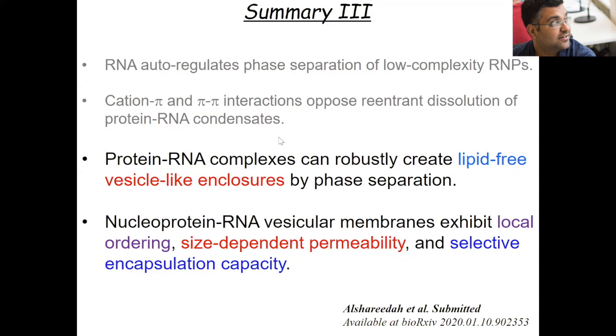There's a question from Charlotte. If you add FUS to RNA instead of adding RNA to FUS, do you think you would form the same type of hollow structure, or is there something special about the interaction between FUS at the edge of the droplet, for example surface tension with RNA? So again, I'd like to clarify that the hollow structures that we have shown are not with full-length FUS. Full-length FUS is a different entity altogether because it's not just a simple homopolymeric type of protein.